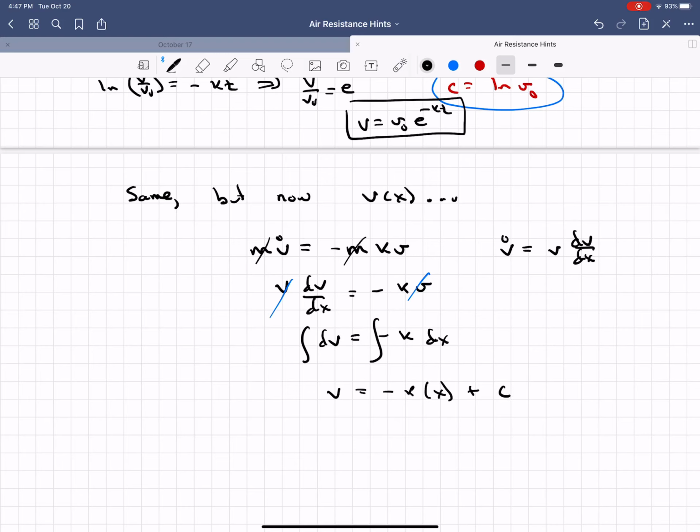Now I haven't specified my boundary condition, so let me say that at x equals x0, v is equal to v0. That is my boundary condition. So specifying this as my boundary condition means I come over here and I write v0 is minus k times x0 plus c.